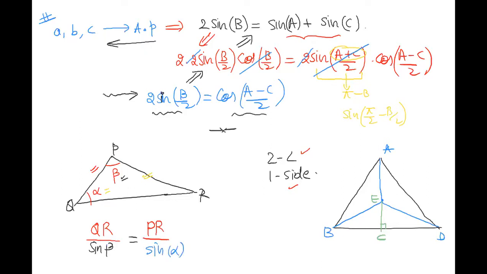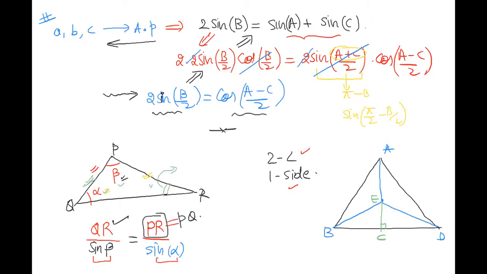So what I said, two angles are required. Suppose this angle and this angle are known, and any one side is known, suppose this is known. So PR I can find out. That's what we are saying: two angles and one side should be known. Now instead of PR, if you want to take PQ, that also you can take. But when you are taking PQ, it means you need to consider the opposite angle, and alpha and beta are known.